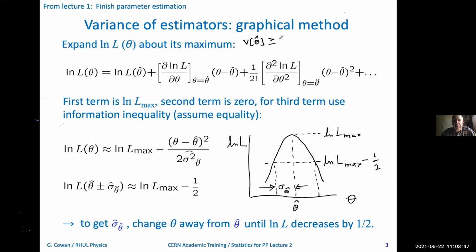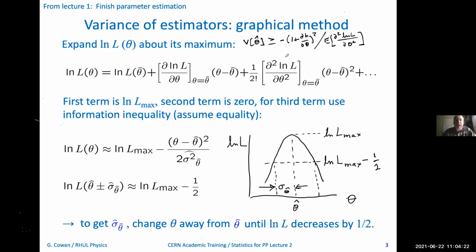And that was given by minus 1 plus the derivative of the bias with respect to the parameter, the quantity squared, all divided by the expectation value of the second derivative of the log likelihood function with respect to the parameter. And then furthermore, we said that this inequality is an approximate equality in the large sample limit. So that was the so-called information inequality.